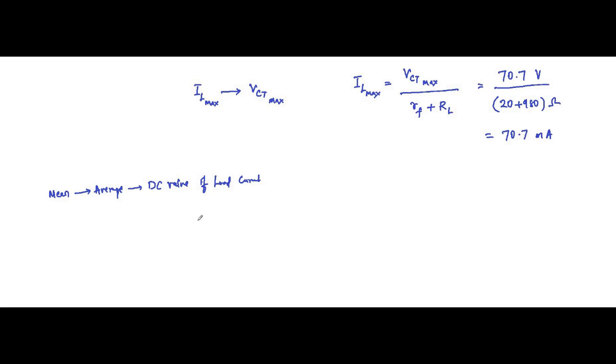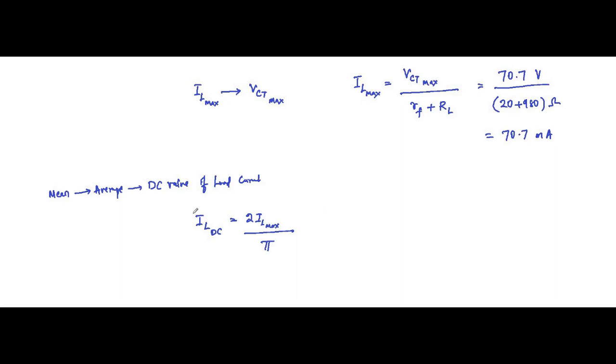Okay, so here IL DC, or the average value, is equal to 2 IL max by pi, because this is the full wave rectifier. For half wave rectifier it was simply IL max by pi. For full wave rectifier it is 2 IL max by pi.